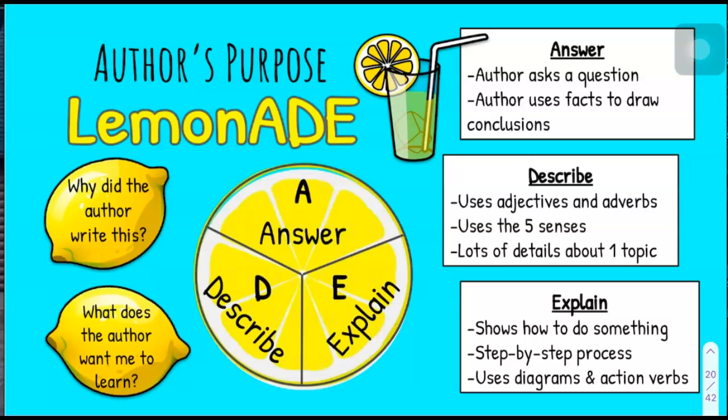They'll use their 5 senses to describe it, and lots of details about one topic. If they're explaining something, this is them showing how to do something. It might be a step-by-step process that they're describing to us, and they will use diagrams and lots of action verbs.